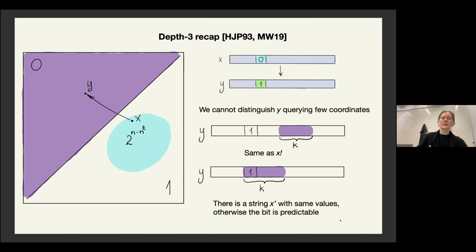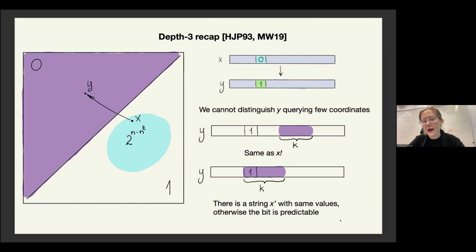And why is that? Well, by definition, a k-limit is something that we cannot distinguish by querying just few coordinates, k coordinates. Let's just query any coordinates in Y. If I'm querying the coordinates that do not intersect with this flipped bit, they are just the same as in X. So by looking at this part in Y, I cannot tell that it's not X, or anyway, that it's not a point from the light blue side.